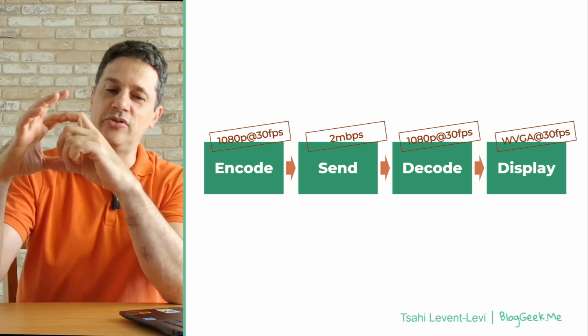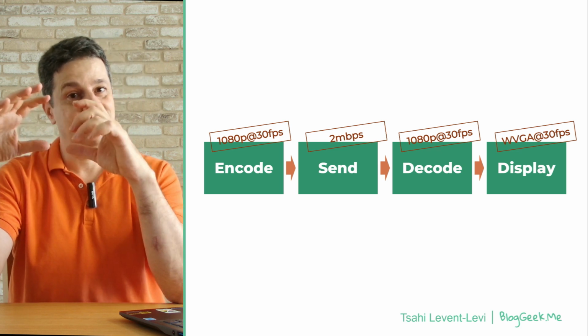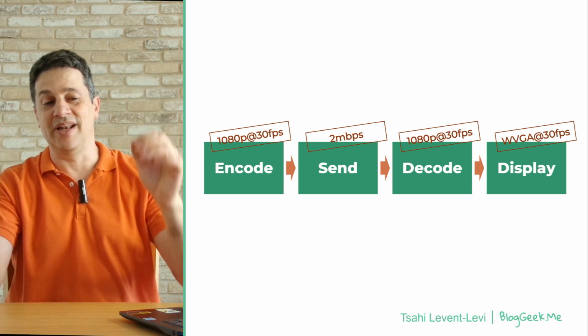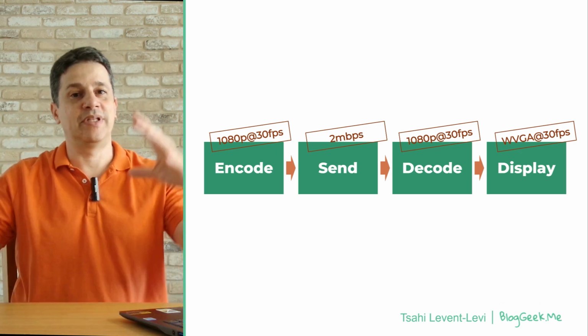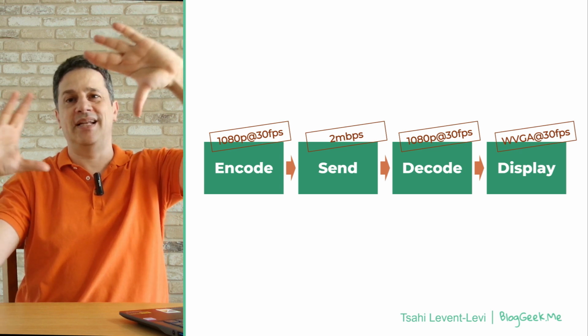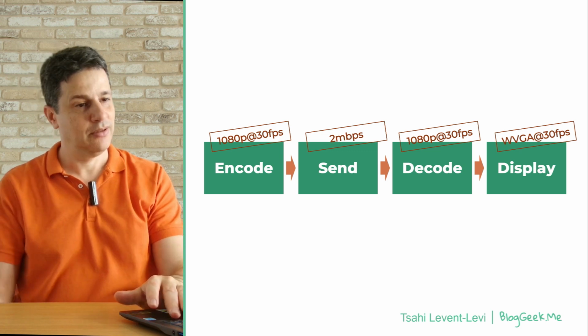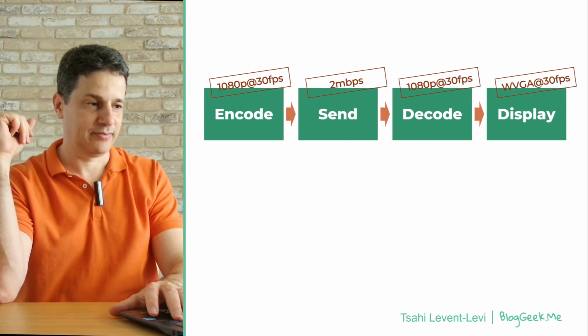This smallish window has a resolution of WVGA, which is not 1080p, it's roughly a quarter of that or even less, and at 30 frames per second. So I'm going to take the big video that I had, scale it down, and display that. Everything's great, right? We had high quality video and we show it as best as we can.